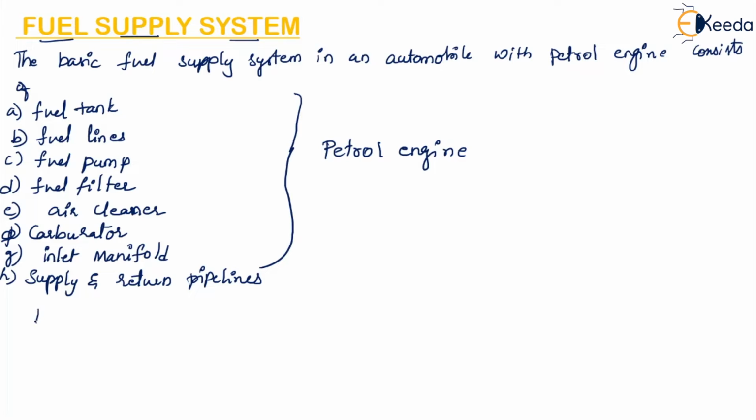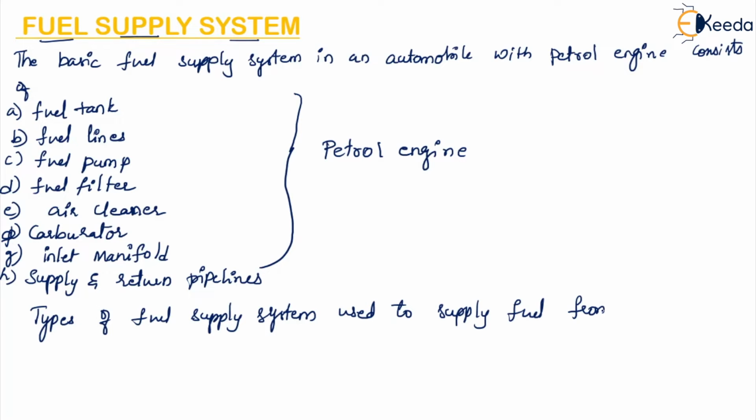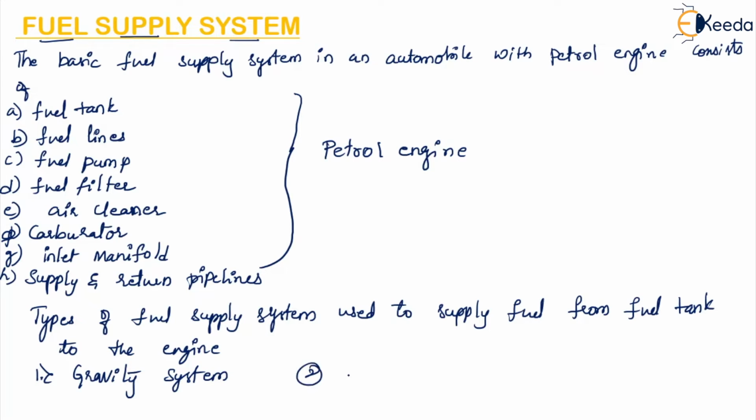So what are the types of fuel supply system used to supply fuel from fuel tank to the engine? First type is the gravity system. The second one is the pressure system.